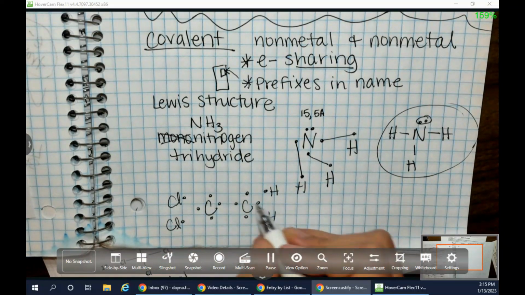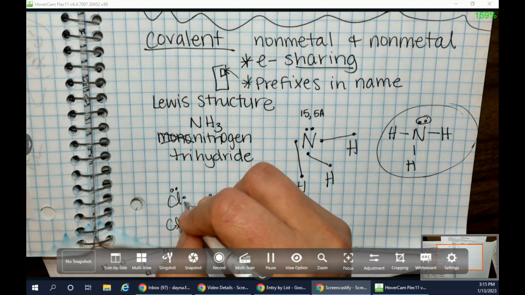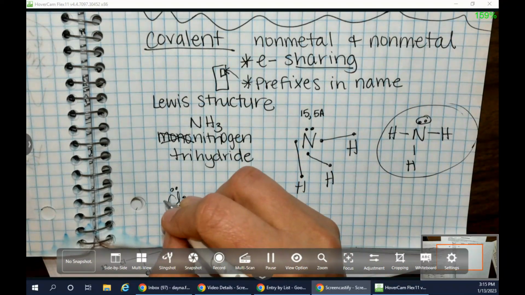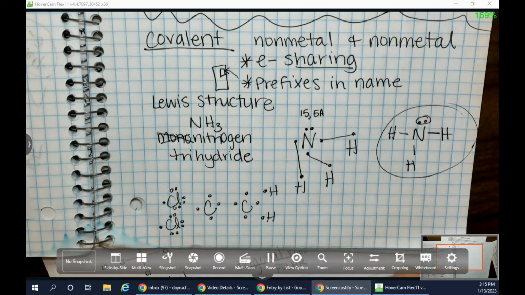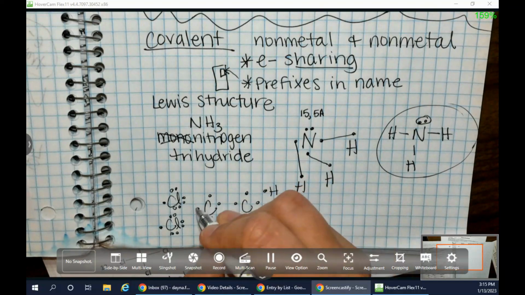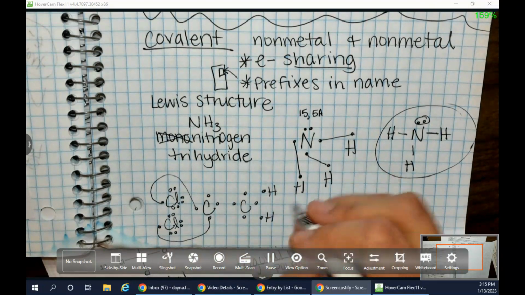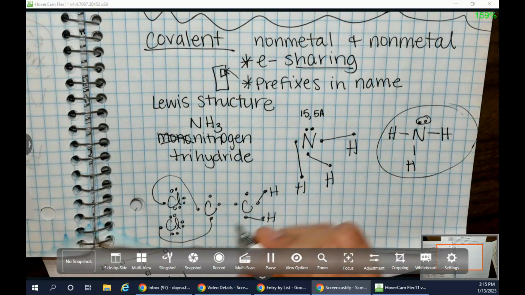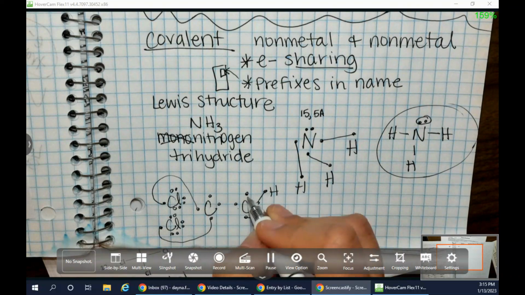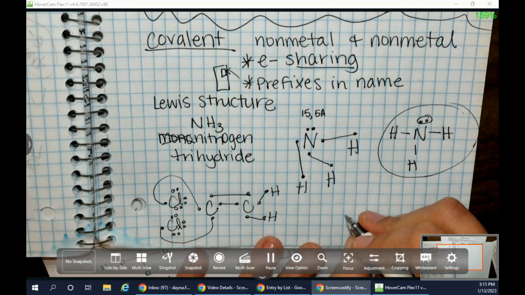So I would have to make sure my chlorines have 7 around them. And then you would just start connecting single dots like we were doing earlier. You would notice that you have all these other single dots. You would just connect them and notice that you have a double bond.